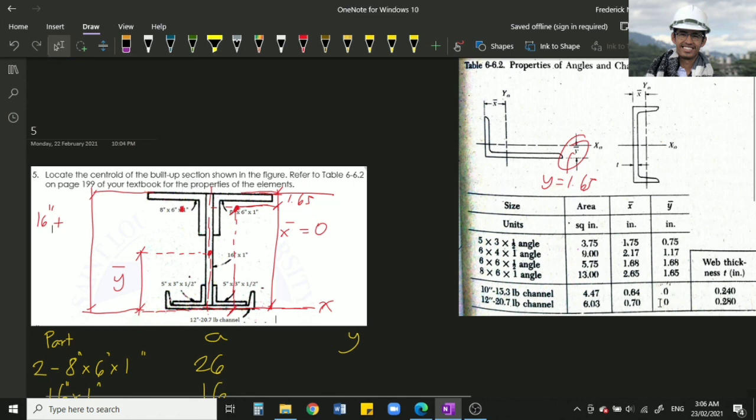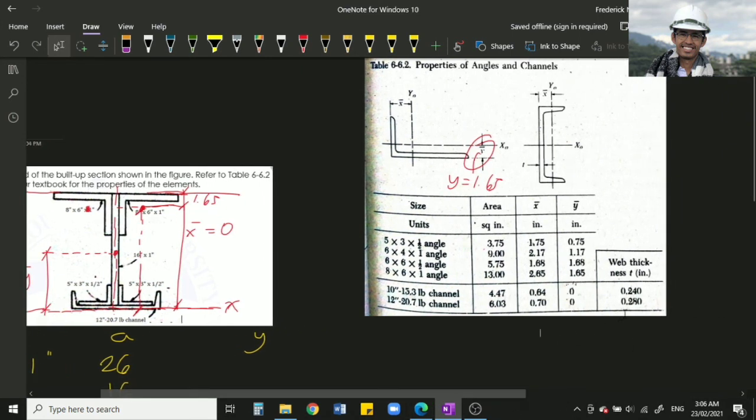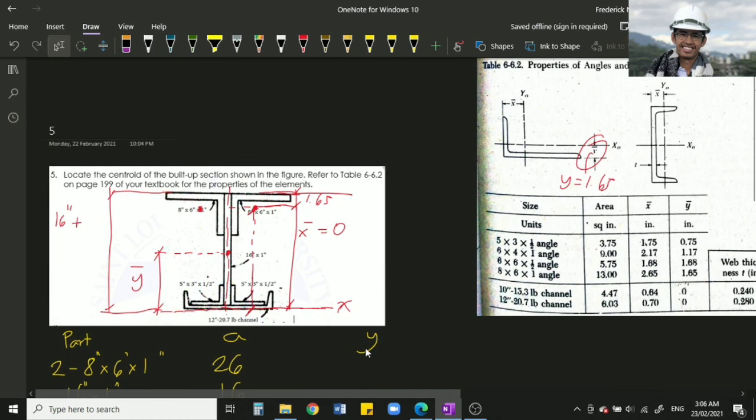So ano yung thickness ng ating C channel? So 0.28, okay? So yung nasa babang C channel will be 0.28 plus yung thickness nito. So that will be 0.28. So yung total height ng ating section will be 16.28.